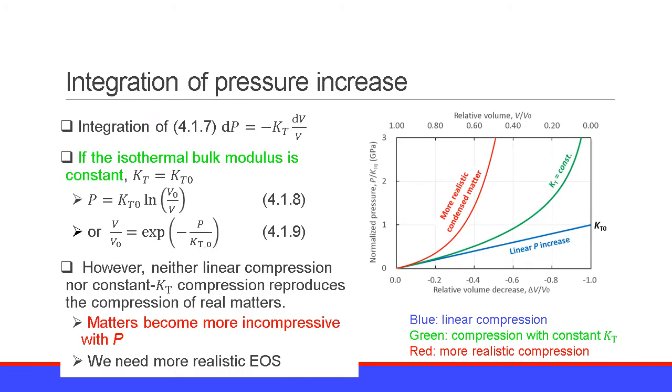Then let us integrate Equation 4.1.7. dP equals minus KT times dV over V. If the isothermal bulk modulus is constant, namely KT is always KT0, then pressure is equal to KT0 times the natural logarithm of V0 over V, Equation 4.1.8, or V over V0 is equal to the exponential function of minus P over KT0, Equation 4.1.9.